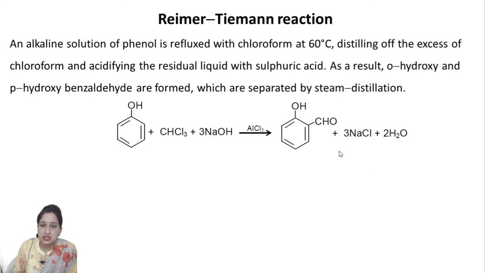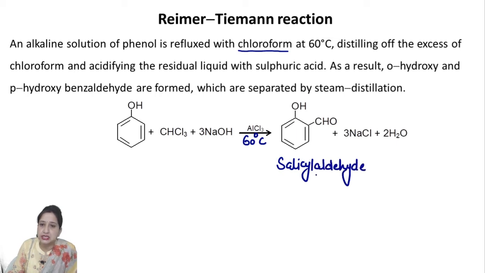Next type of reaction is Reimer-Tiemann reaction. If we treat an alkaline solution of phenol with chloroform, this is your chloroform CHCl3, at 60 degrees Celsius in the presence of anhydrous aluminium chloride, and then treat the intermediates with sulfuric acid, then we get salicylaldehyde as the main product.